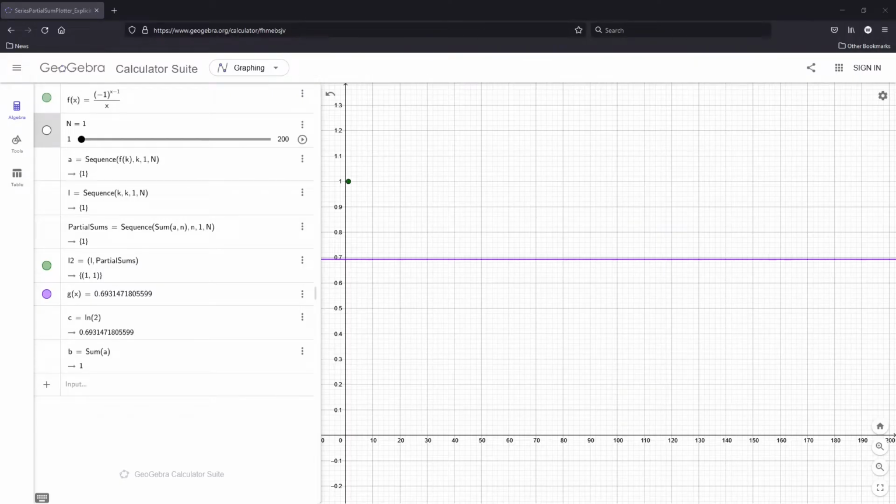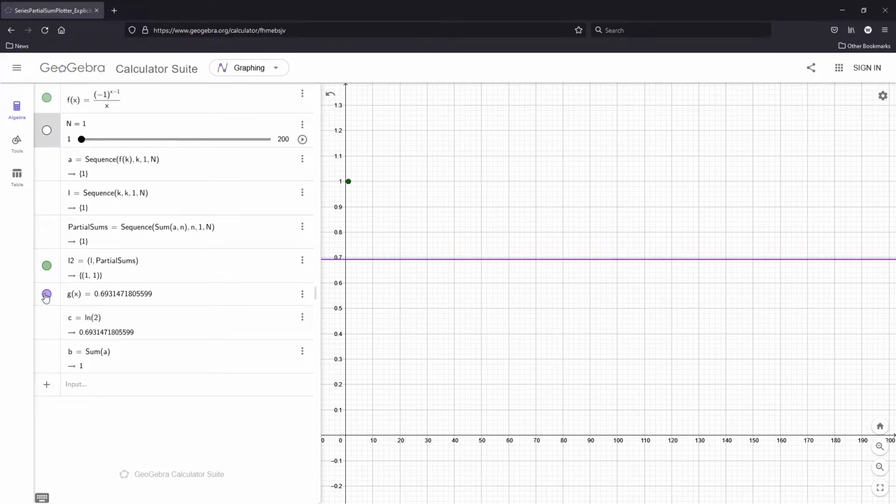So in lieu of a proof, I just want to convince you that this alternating series does in fact converge. What I did was take the sequence plotter code from before and alter it a little bit to plot out the sequence of partial sums of this series, the first n terms of this infinite series, to show that the sequence of partial sums is in fact getting closer and closer to ln of 2.